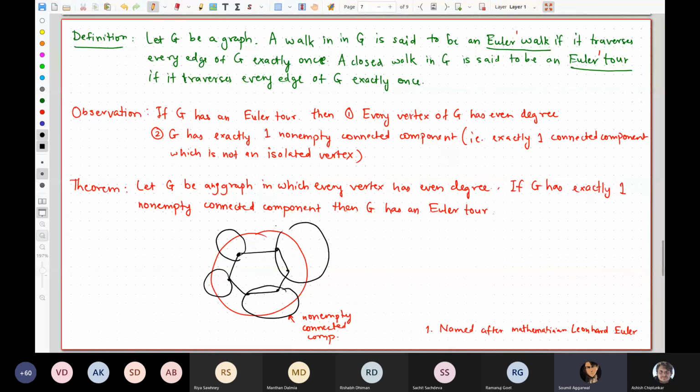I think that won't be possible, because you take any vertex in that connected component and then you join it to a vertex of the cycle. Let's say the vertex in the connected component is V and the vertex on the cycle is U. Nice.